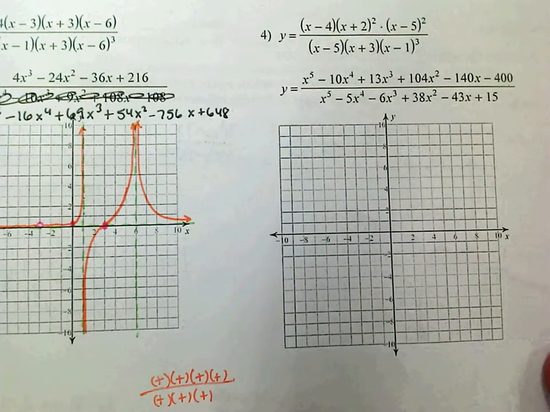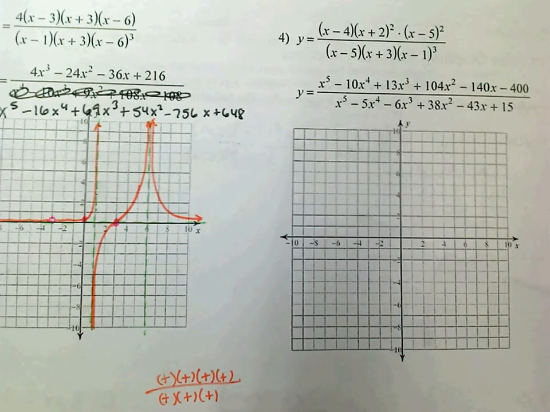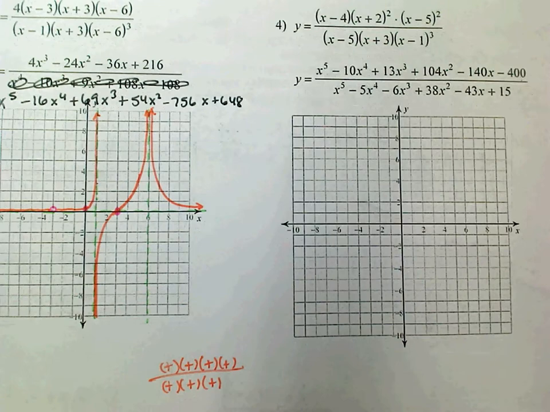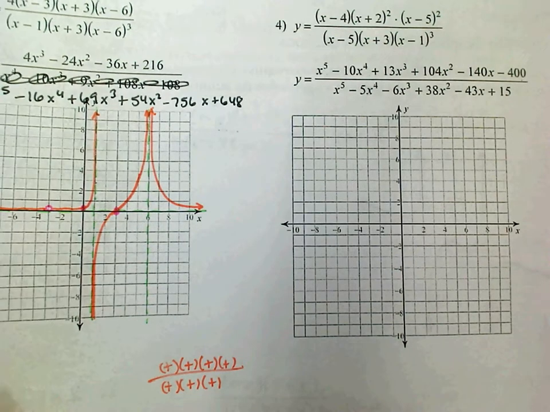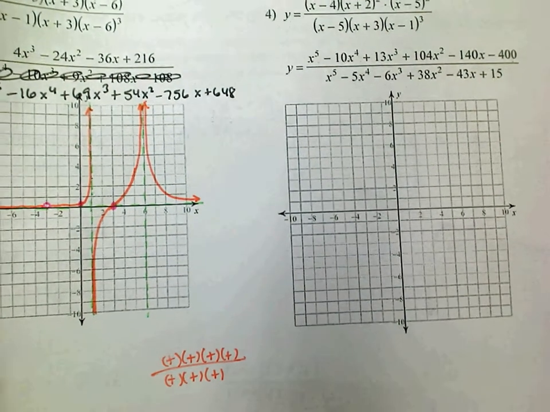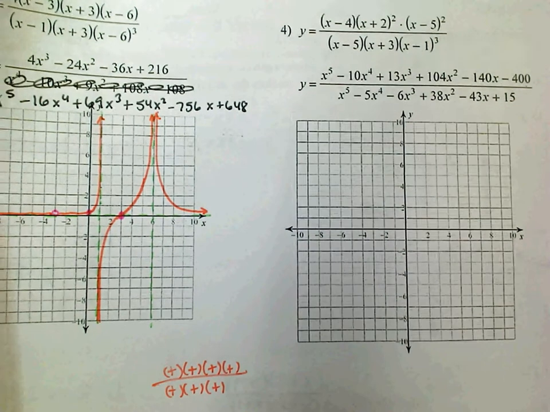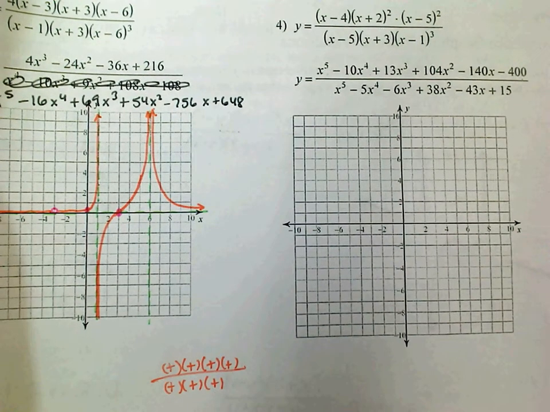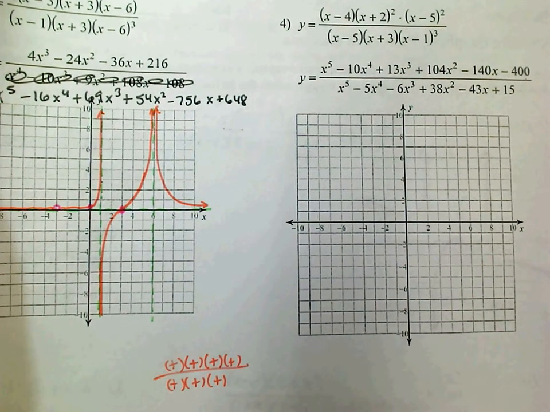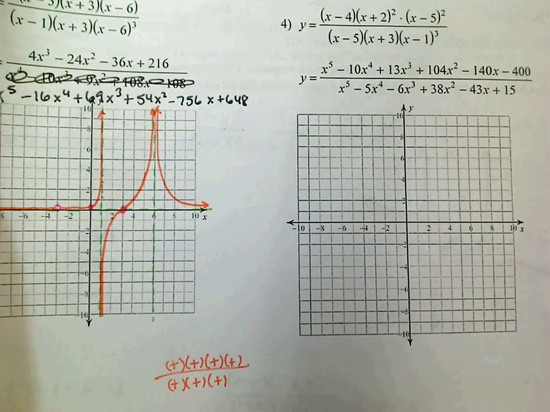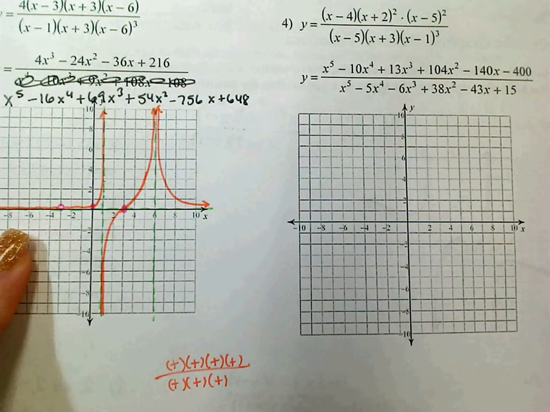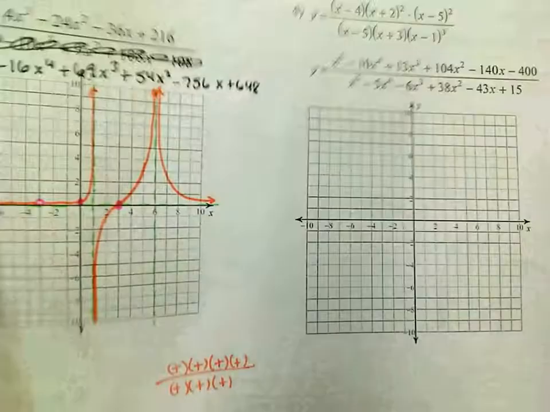So I'm going to write the factor form down here again, and then I'm going to write down all the information. So x minus 4, x plus 2 squared, x minus 5 squared, over x minus 5 times x plus 3 times x minus 1 cubed. Okay. I'm actually going to do all this right here.